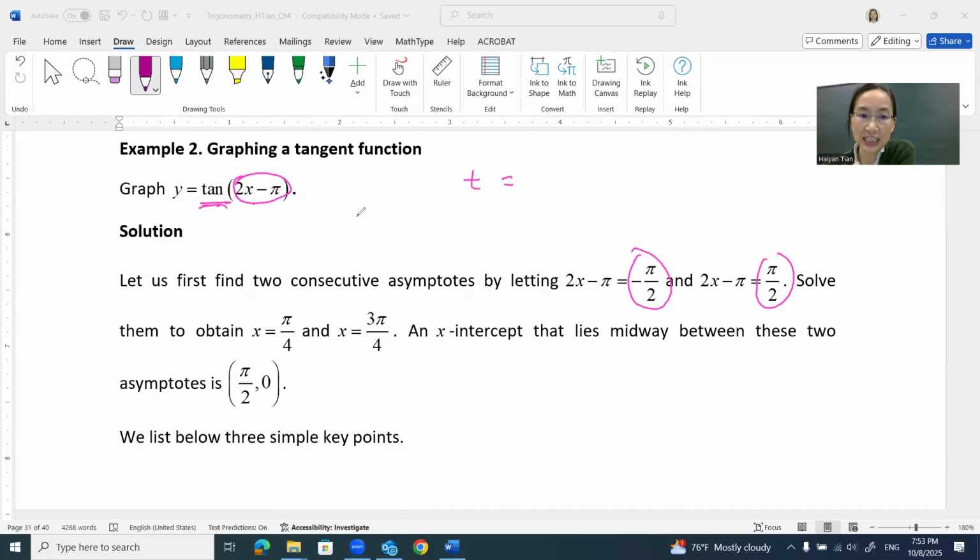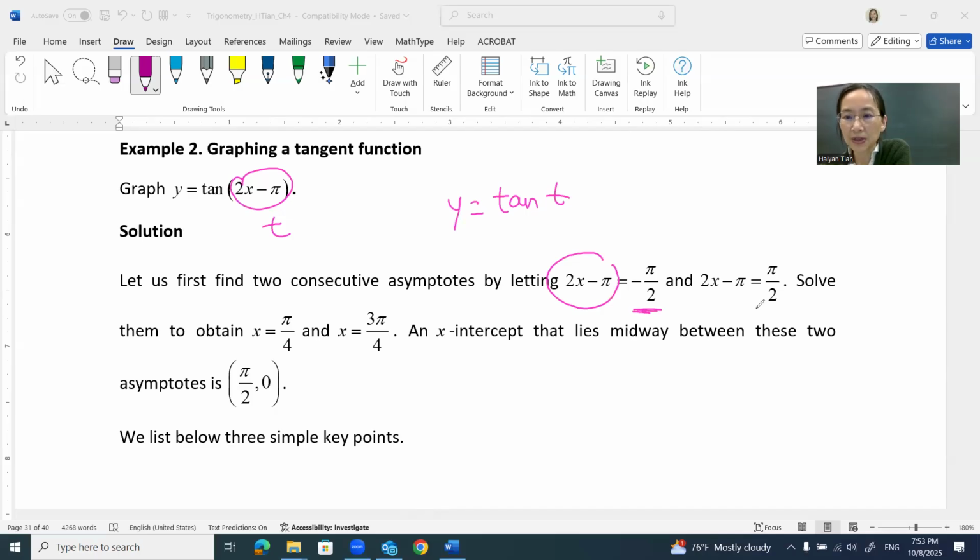That's for tangent t, the basic function we know. When this is t, we get a basic tangent function, which is undefined at negative half of pi or positive half of pi.